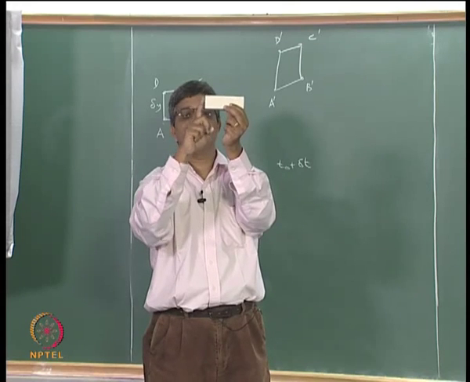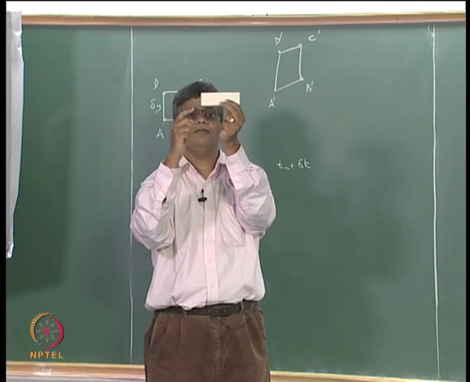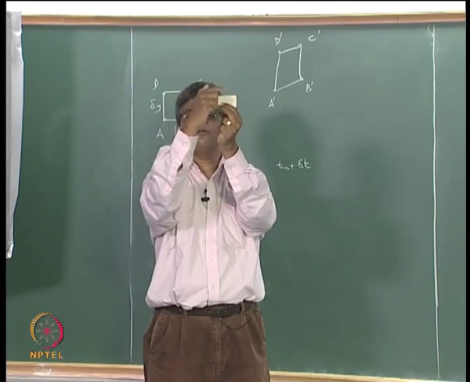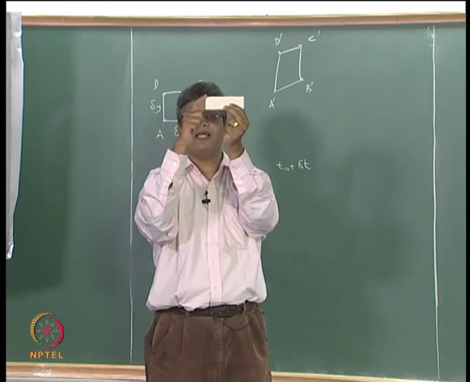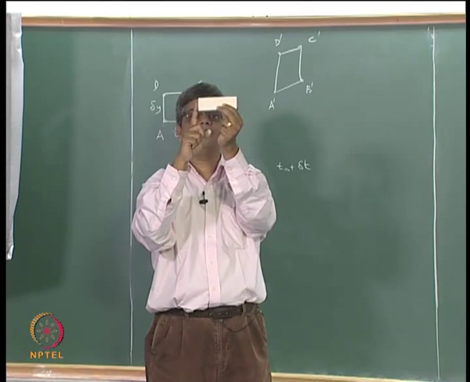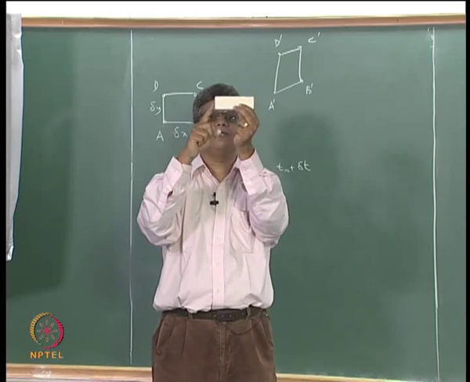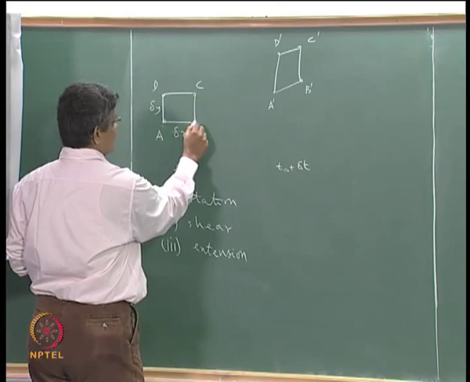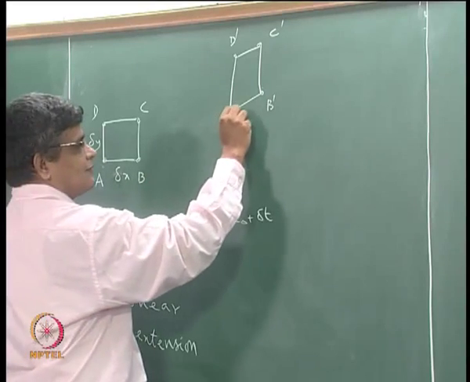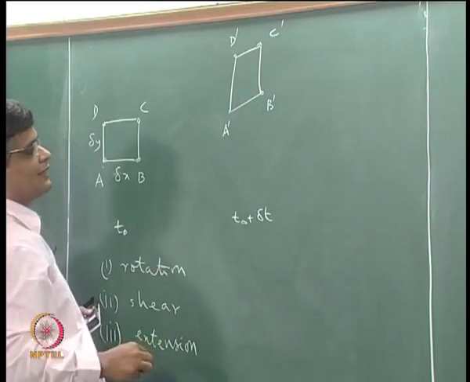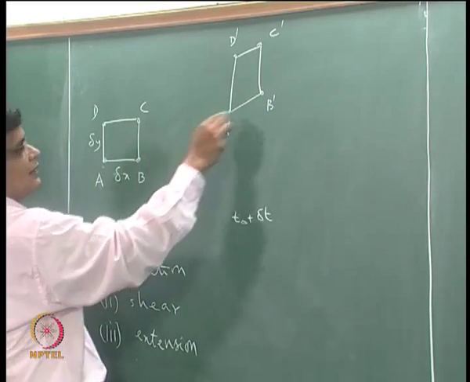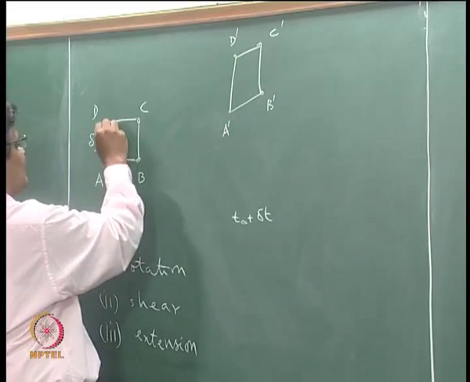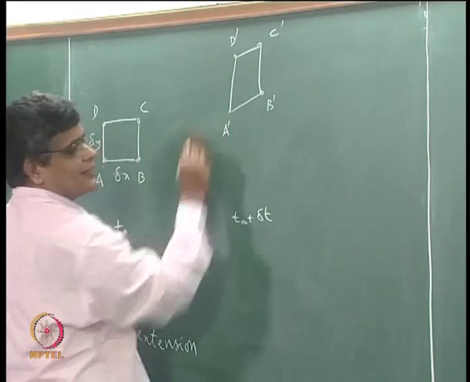Similarly, this side here can also have different velocities in the same direction for these 2 particles. So instead of moving like this, it could have moved like this. Because of which you can see that this side which is horizontal has become slightly inclined, and this side which is vertical has become inclined like this. This is again vertical, and it has become slightly more inclined.